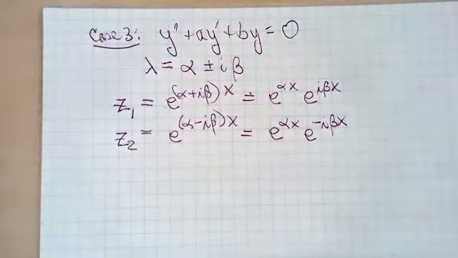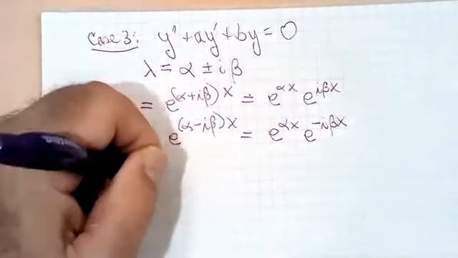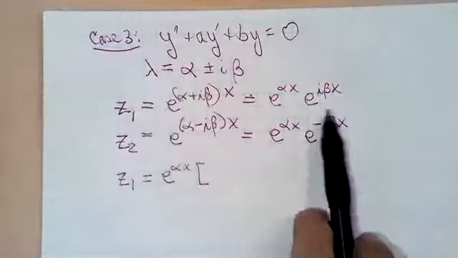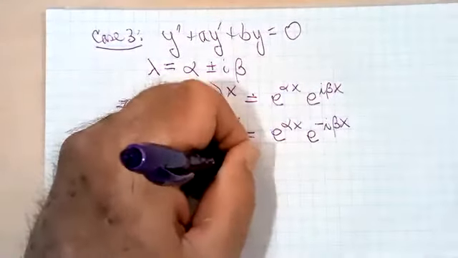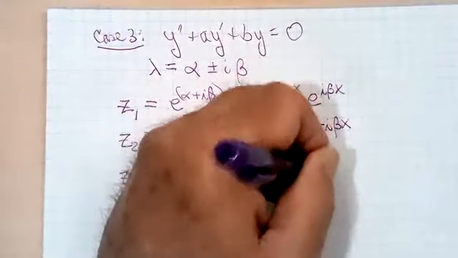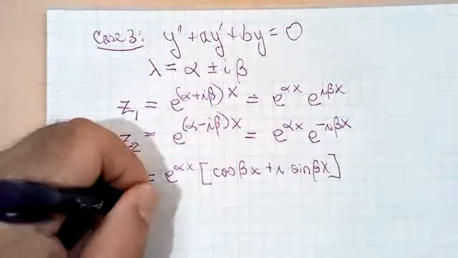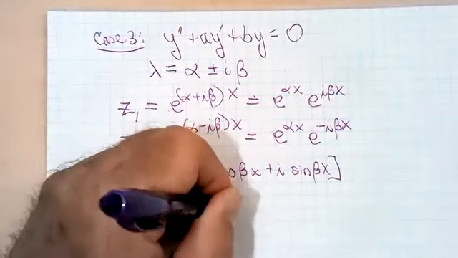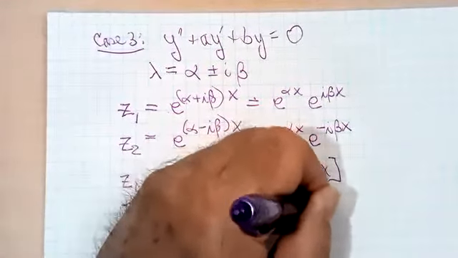But we can use Euler's formula. So z1 is equal to e to the alpha x times the quantity cosine theta, in this case beta x, plus i sine beta x. z2 is e to the alpha x times cosine beta x minus i sine beta x.